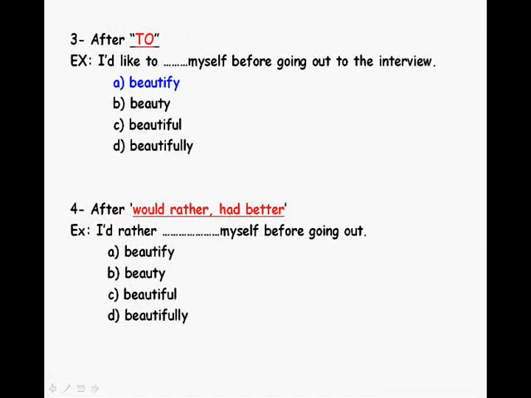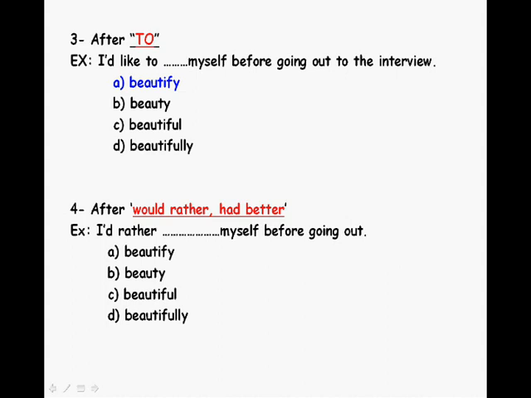So, the fourth case for where to put a verb in a sentence is after would rather or had better. So, whenever you find would rather or had better in a sentence, you put a verb after them. So, in our example here, I'd rather myself before going out. So here I'd, of course, this is the short form for I would rather, okay?